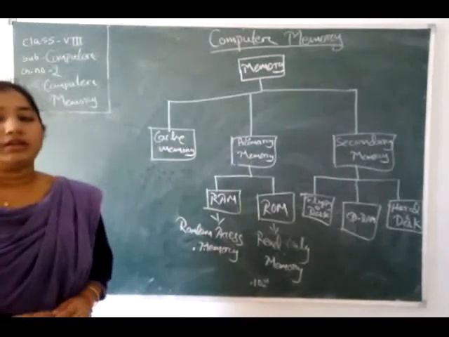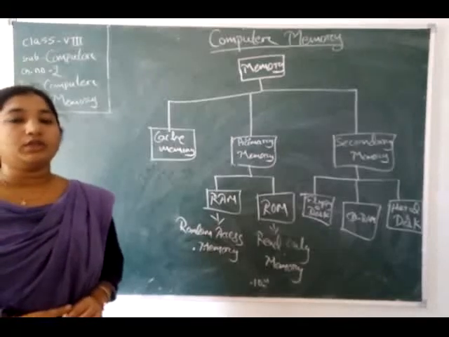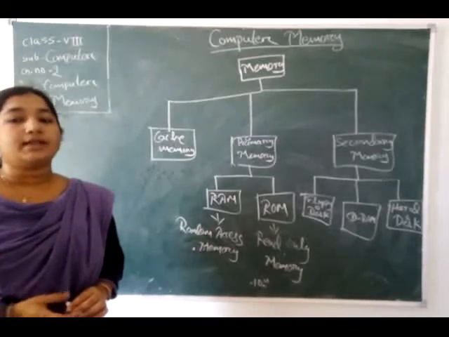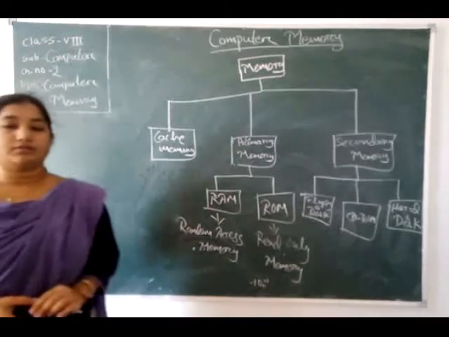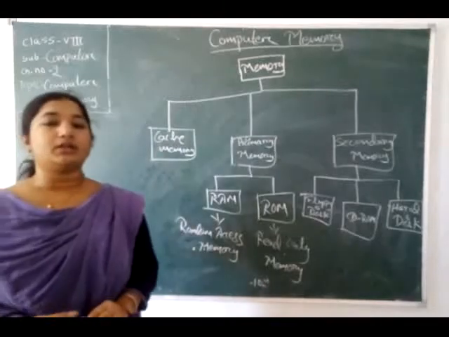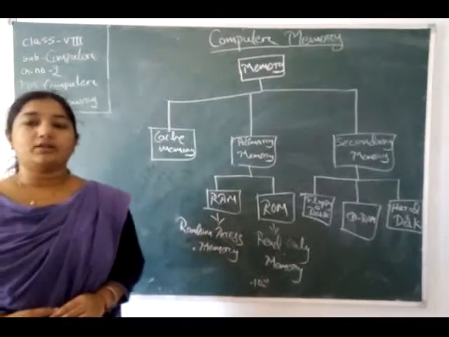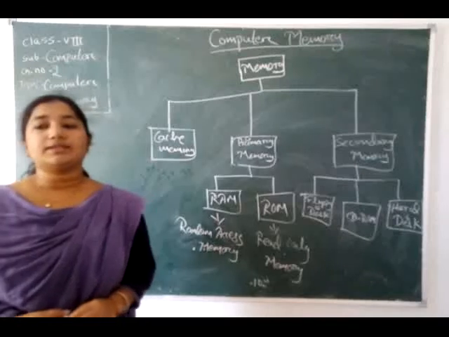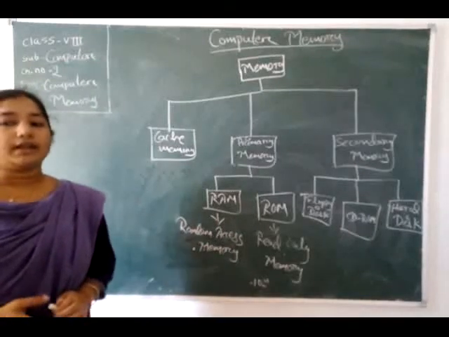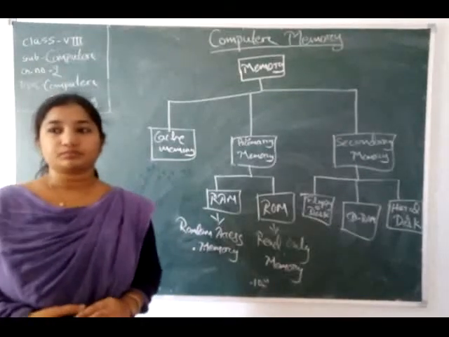It means when we give some order to the computer, it can be changed through random access memory, and it is basically used for working data and machine code.